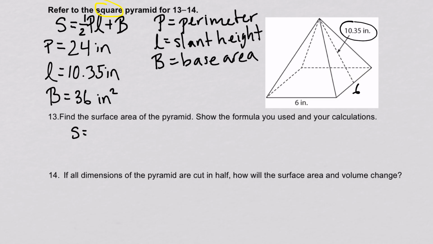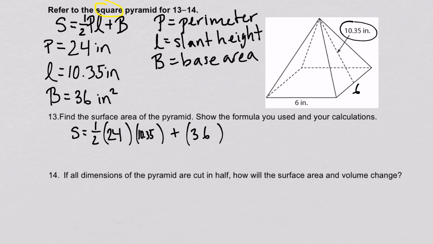S equals 1/2 P L plus B. Plug in all the values. P is 24 inches. L is 10.35 inches. Inches times inches becomes inches squared. And B is 36 inches squared. Multiply all of that out.